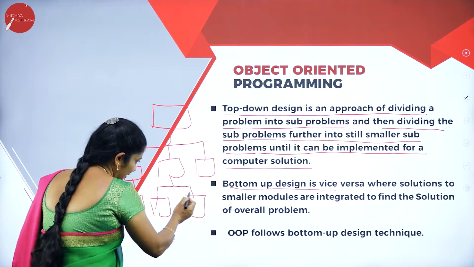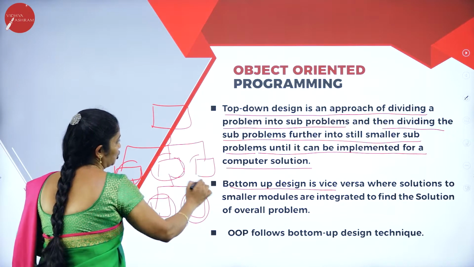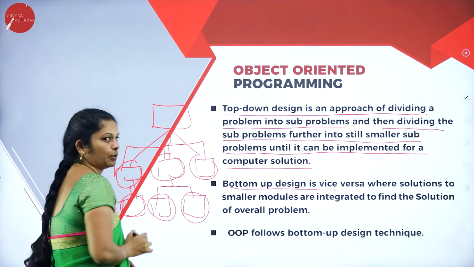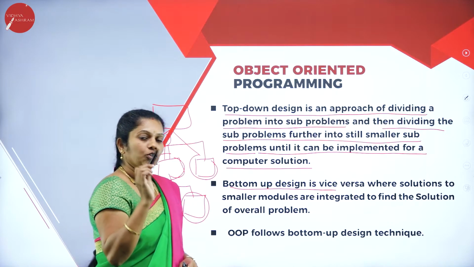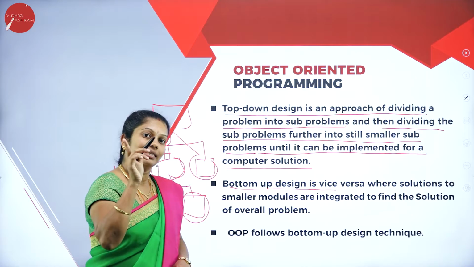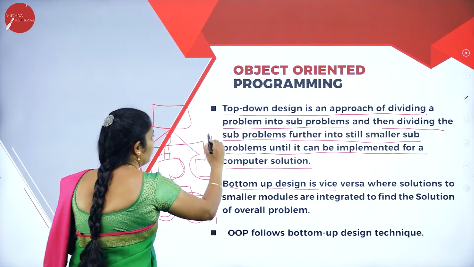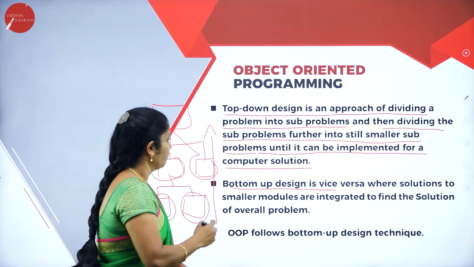After getting the result of the sub-problems, the result has to be generated for the main program. Whereas object-oriented programming concentrates on data rather than procedure, and here it follows the bottom-up approach.